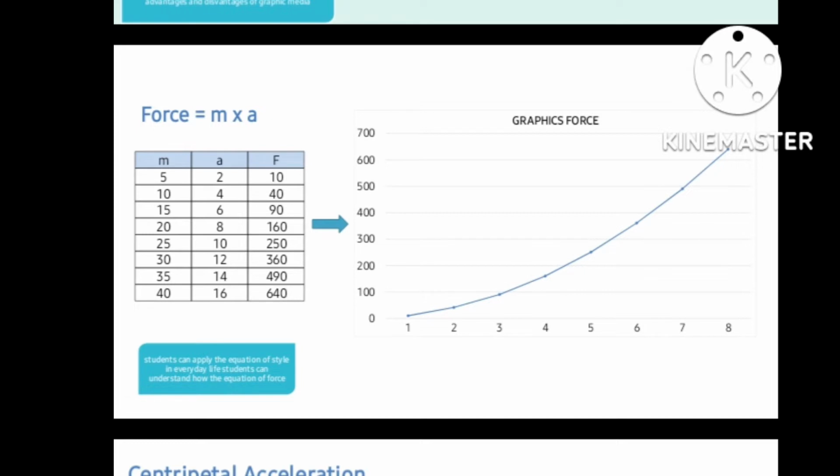Force is symbolized by a capital letter F. The formula for force itself is mass times acceleration, where mass is symbolized by the letter M and acceleration by the letter A. So, if the mass of an object is 5 and its acceleration is 2, then the resulting force is 10, as well as if the mass of an object is 10 and its acceleration is 4, then the resulting force is 40.